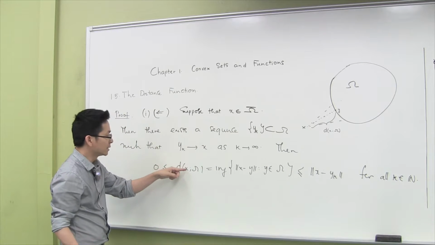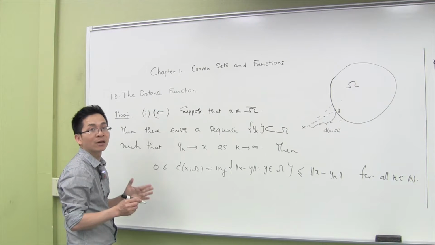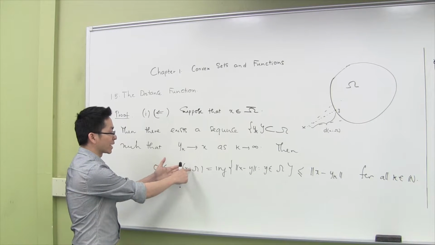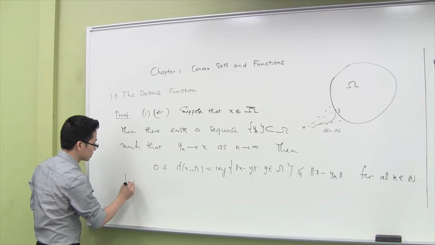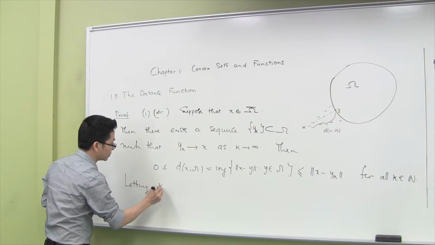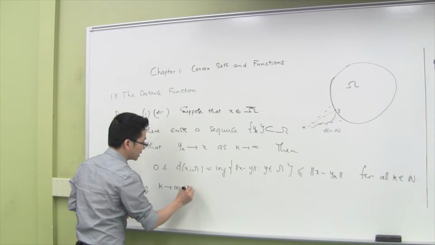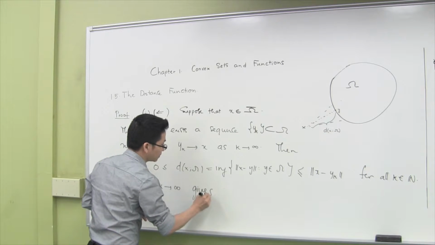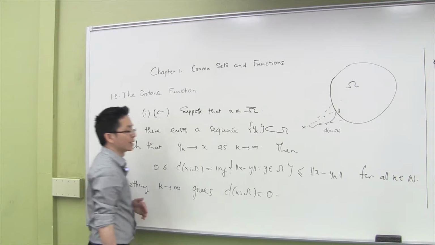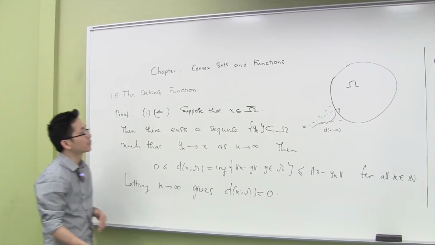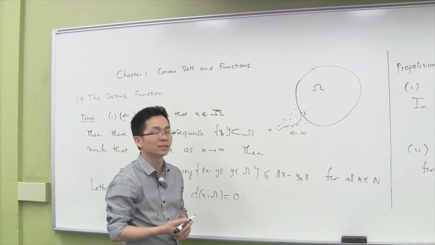And the distance from x to omega is a real number and it doesn't depend on k. Therefore, the distance from x to omega has to be 0. So letting k approach infinity gives this equality. Okay, so we have completed the proof of the first part of the proposition.